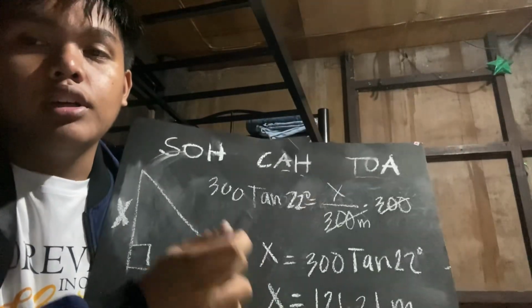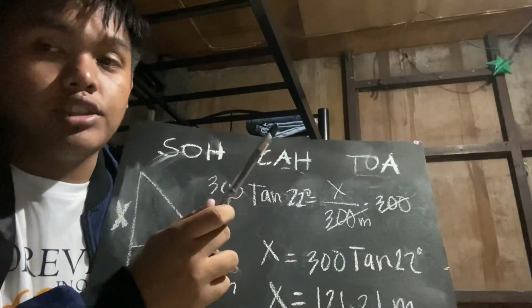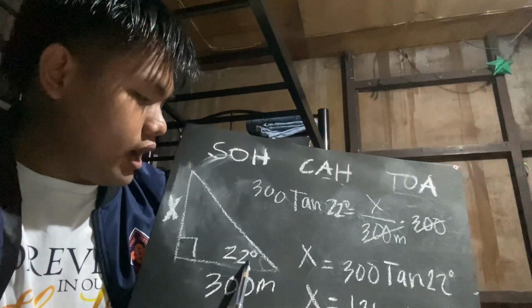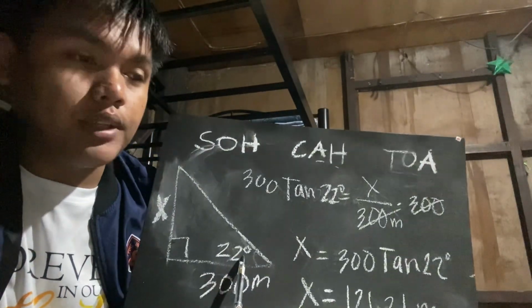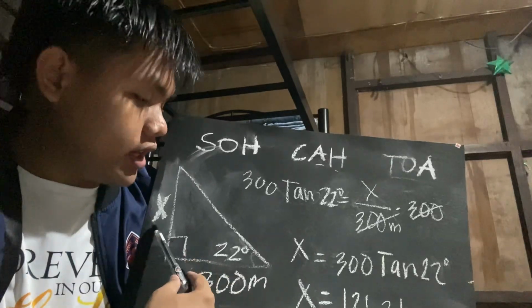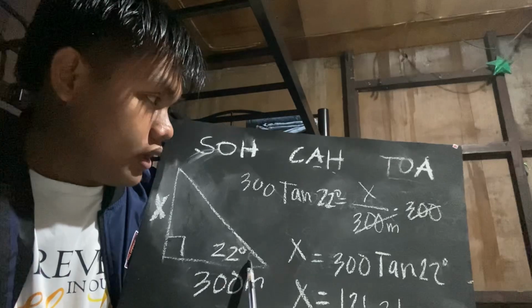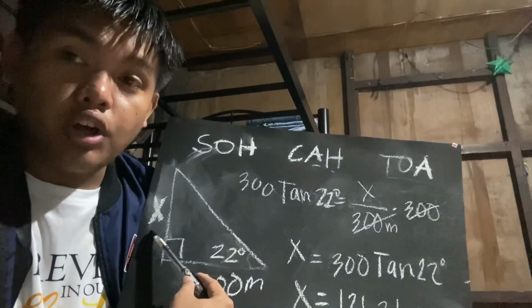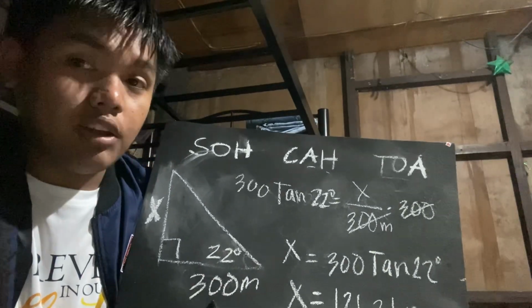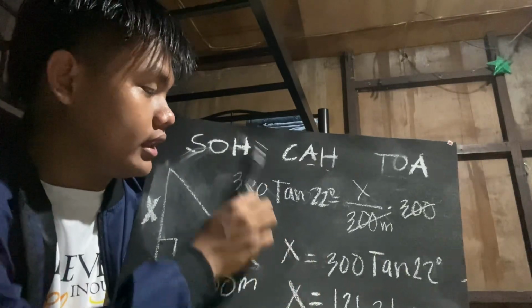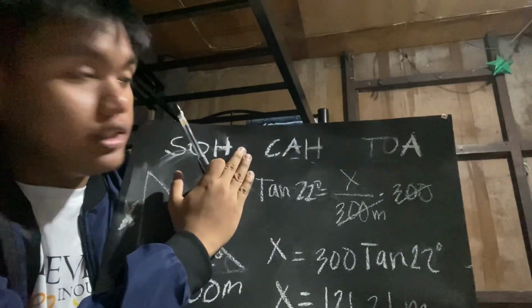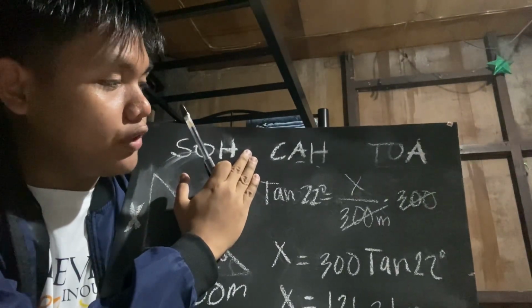Always remember, TOA stands for opposite over adjacent. The opposite of this angle 22 is x, and the adjacent is 300. So, tangent 22 is equal to x over 300, the opposite over the adjacent.